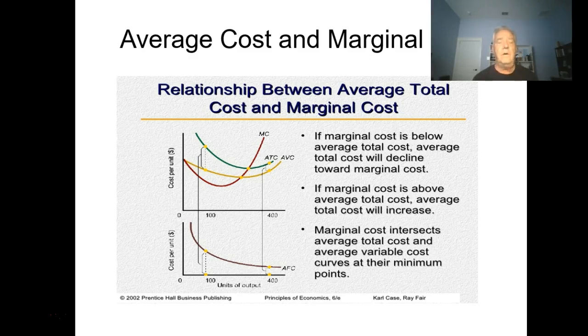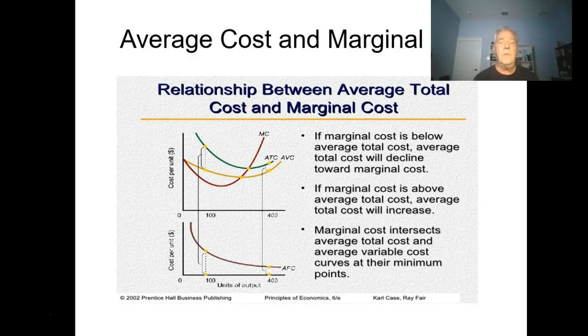Now, cut through all that, and really what we're talking about here is where is the point at which we should be doing production? What is our sweet spot? If you look at the chart, it's obvious that our sweet spot is where the average total cost is at its lowest point, where the average variable cost is at its lowest point, and in fact, the marginal cost will always intersect those two cost curves at that point.